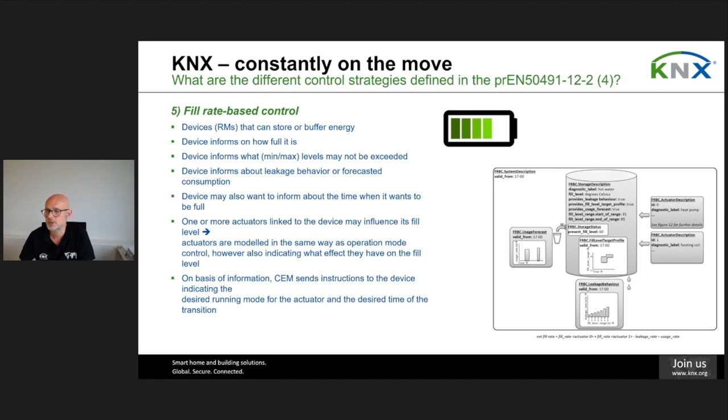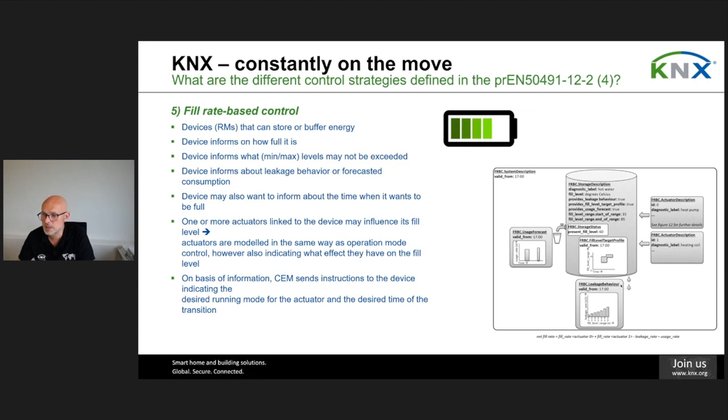So the actuators are again modeled in the same way as is done for the previous control mode, the operation mode control. So they need to indicate what effect they have on the fill level. On the basis of this information, the SAM will again send instructions to the device indicating the desired running mode for the actuator and the desired time of the transition.